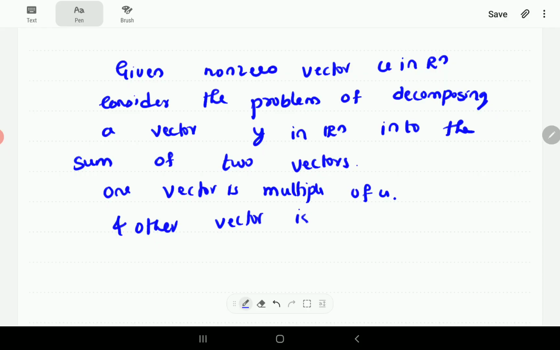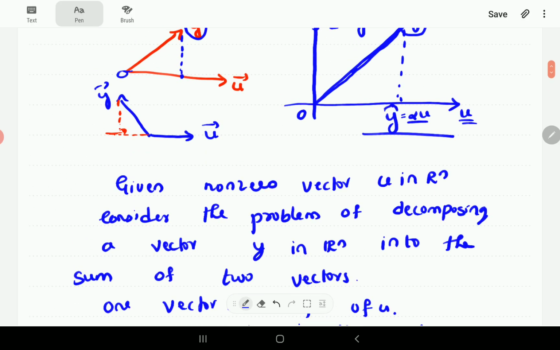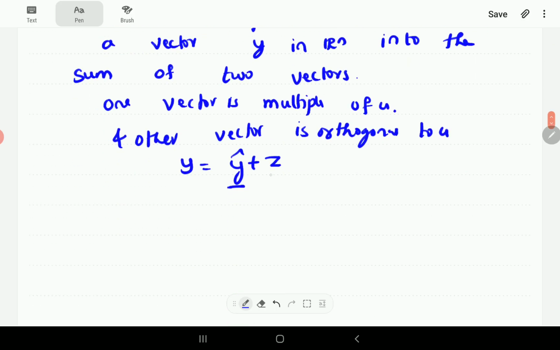So we write our vector y as y cap plus z, where y cap is alpha times u, a scalar multiple of u in the direction of u, and the other vector z is orthogonal to u.